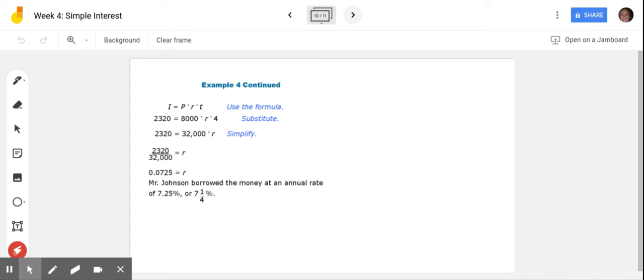So now we're going to use those numbers and substitute back into the formula for R. The interest was 2,320. The principal was 8,000. We divide and we get 0.0725. But remember, that's a decimal that we need to turn back into a percent. So that's where we get 7.25%.